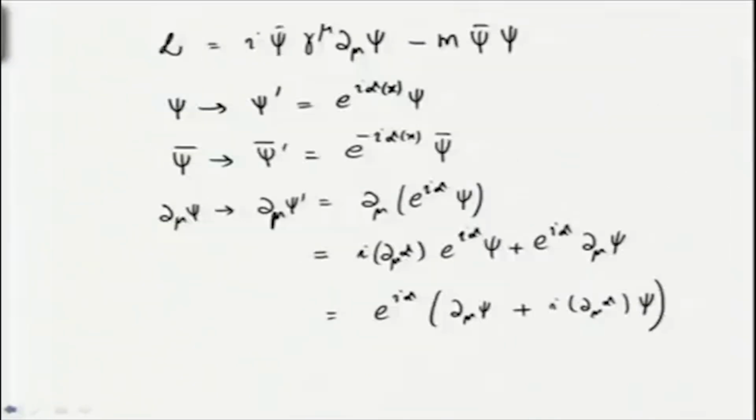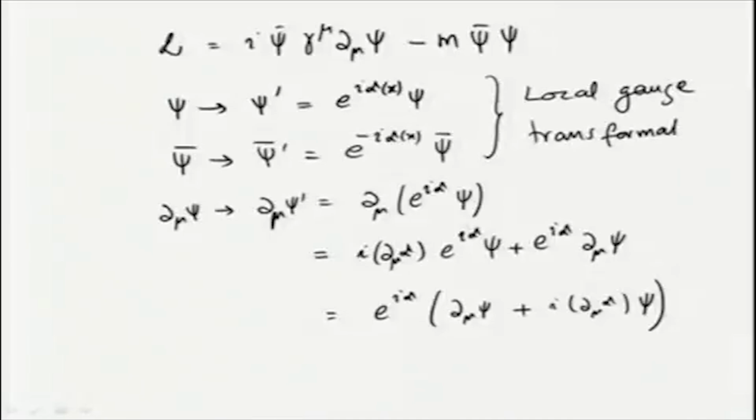So, this transformation is basically called a local gauge transformation. It is called local because alpha depends on the local points, the point at which you are talking about it.